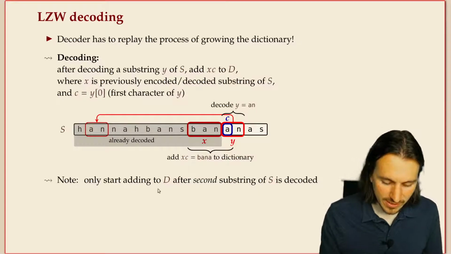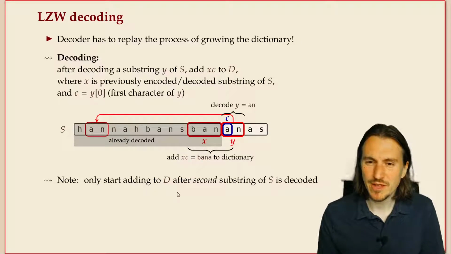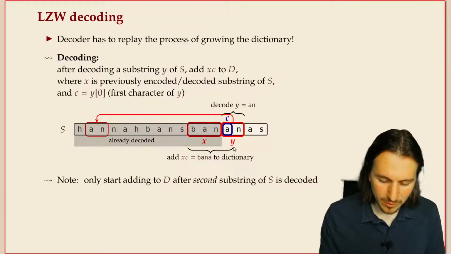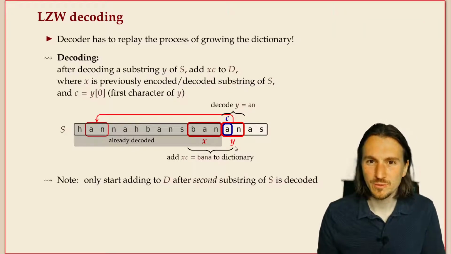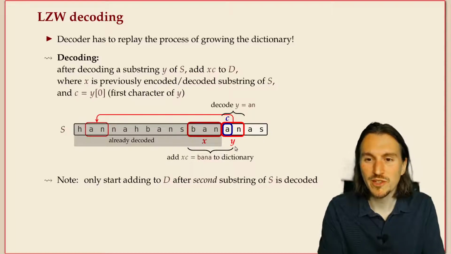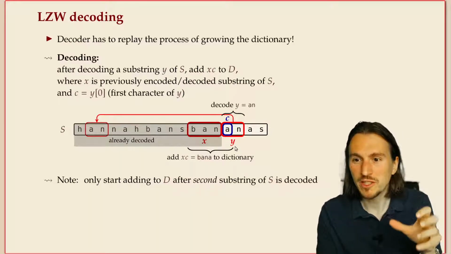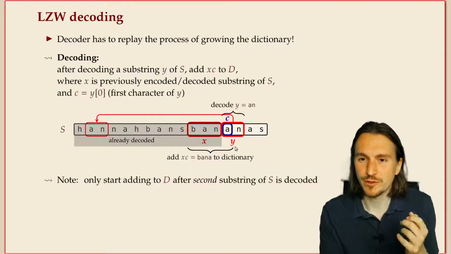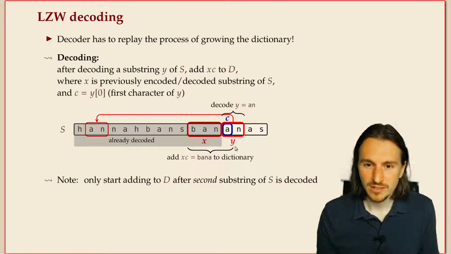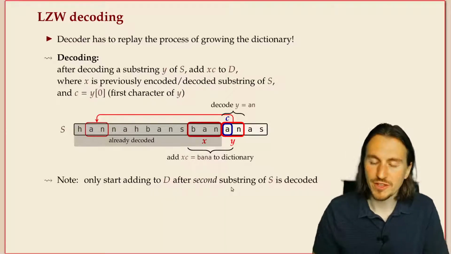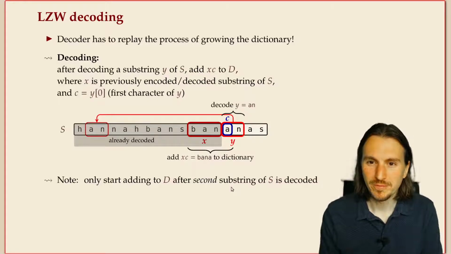So in a sense, we're lagging one step behind, but other than that, we're replaying the same game. We always have to deal with two phrases. We decode one, then we decode the next one, and that's when we can deal with the addition to the dictionary of the first phrase. So we only start adding to the dictionary after the second phrase is decoded.